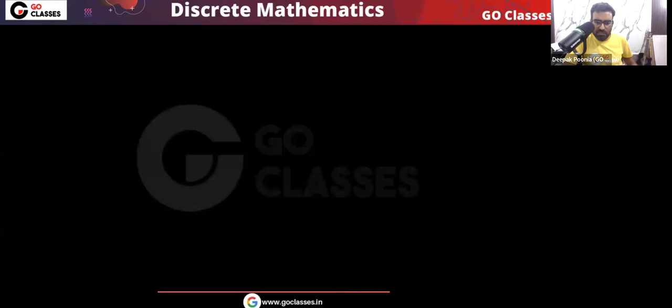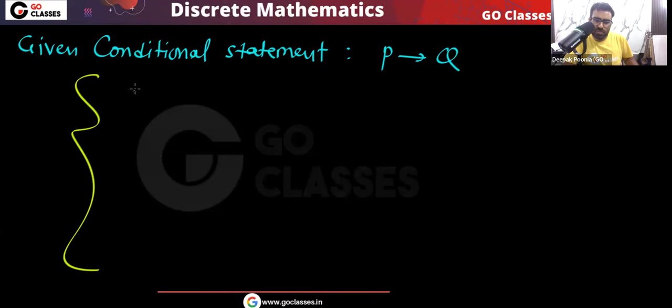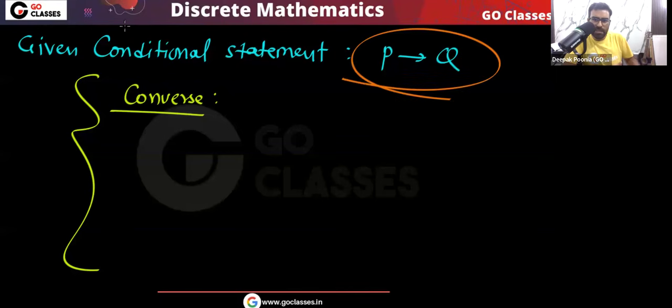You already know that if we have a given conditional statement P implies Q, then for this given conditional statement, what will be the converse, what will be the inverse, what will be the contrapositive? So let me know what will be the converse of this. So if the given conditional statement is if P then Q, then the converse will be if Q then P.